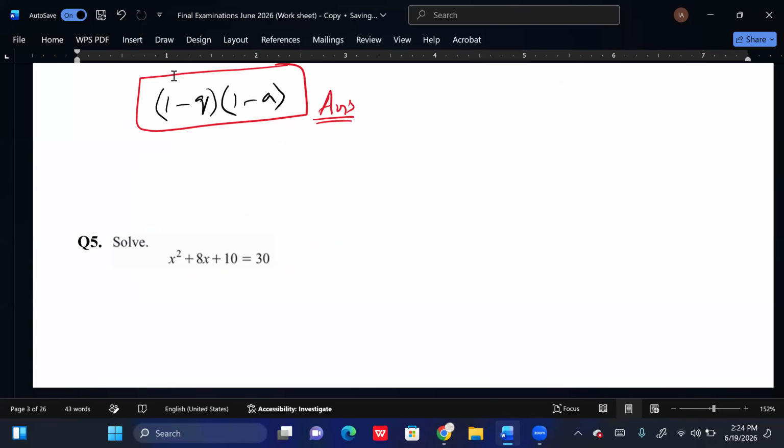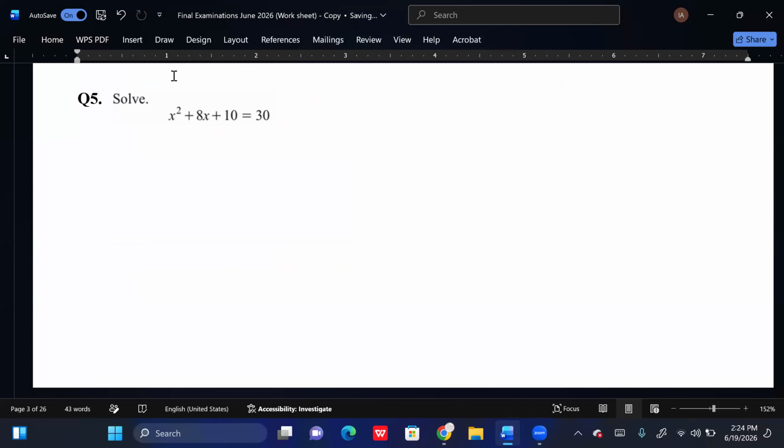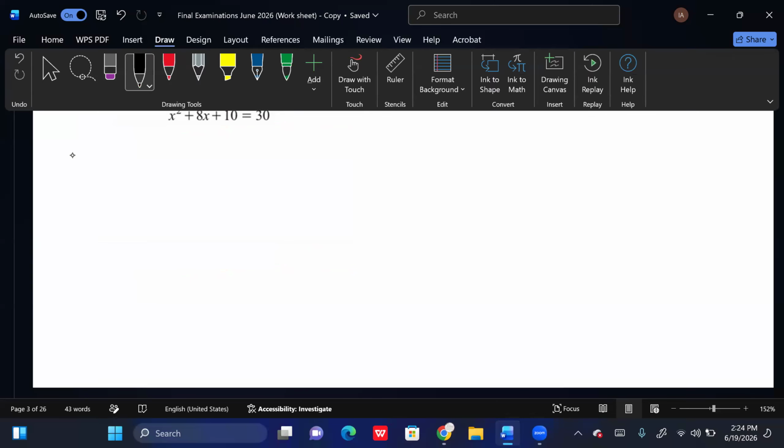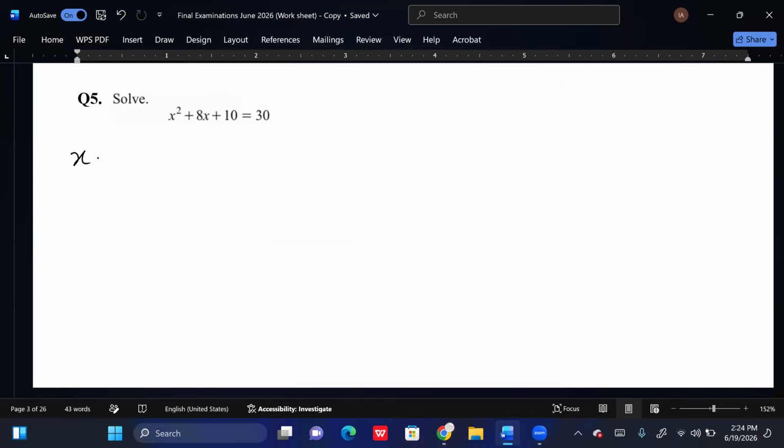Now they ask you to solve. Solve means you have to find the values of x. So it's a quadratic equation. The very first thing is bring this 30 to the left. X squared plus 8x plus 10 minus 30 equals 0.